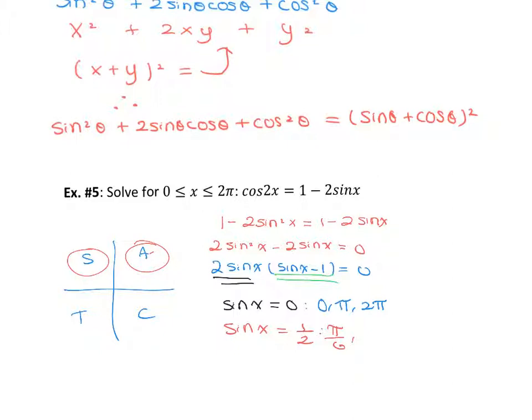Where else? Yeah, 5 pi over 6. So if you remember, again, that reference angle, pi over 6, well, which one's this? Well, what do you add to pi over 6 to reduce and get pi? You have to add 5 pi over 6. Questions? Yes.